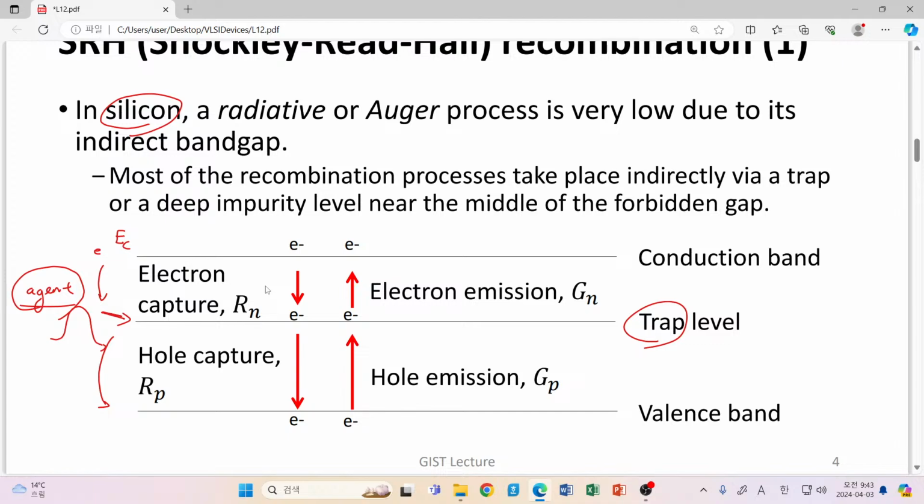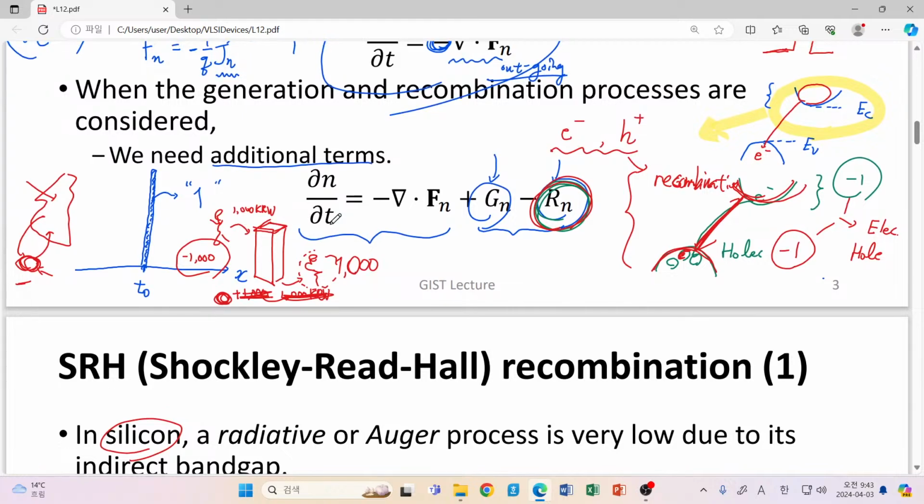So are you all with me? Now we have to consider the existence of the trap level, and when we have a certain trap level, what will be the form of the generation and recombination expressions?